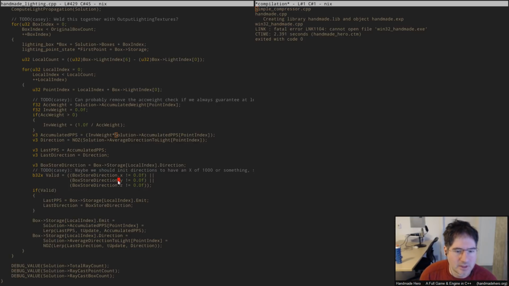Hard to say. But if we take a look at what's happening here, just want to make sure we're really doing it. So the accumulated photons per second value that we're putting in there is a lerp between whatever the last one was and this one.